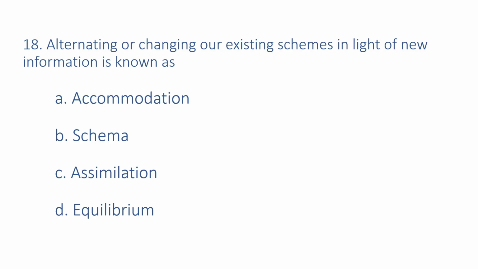Altering or changing our existing schemes in light of new information is known as accommodation, schema, assimilation, equilibrium. The correct answer is accommodation. Accommodation is the cognitive process of modifying existing schemas or creating new ones when new information contradicts what is already known. Assimilation is fitting new information into unchanged existing schemas.